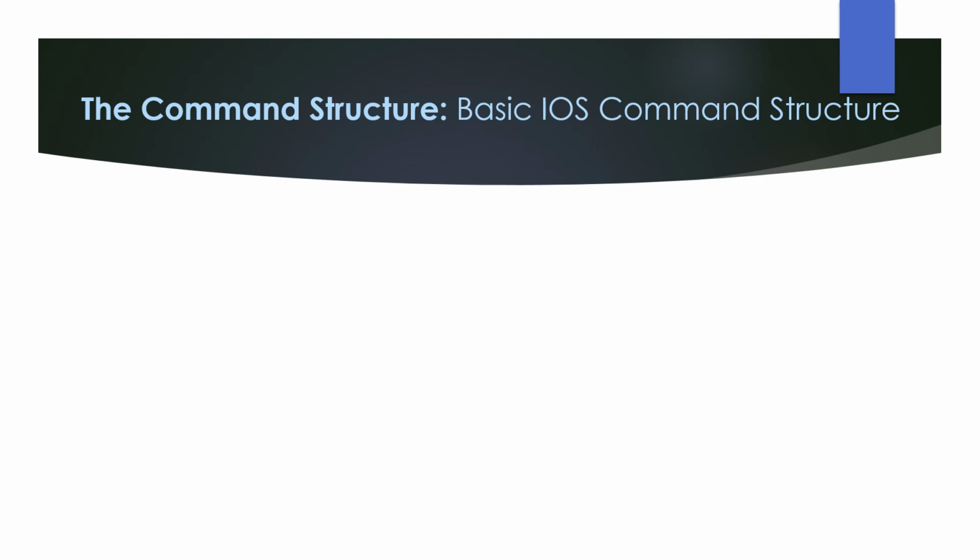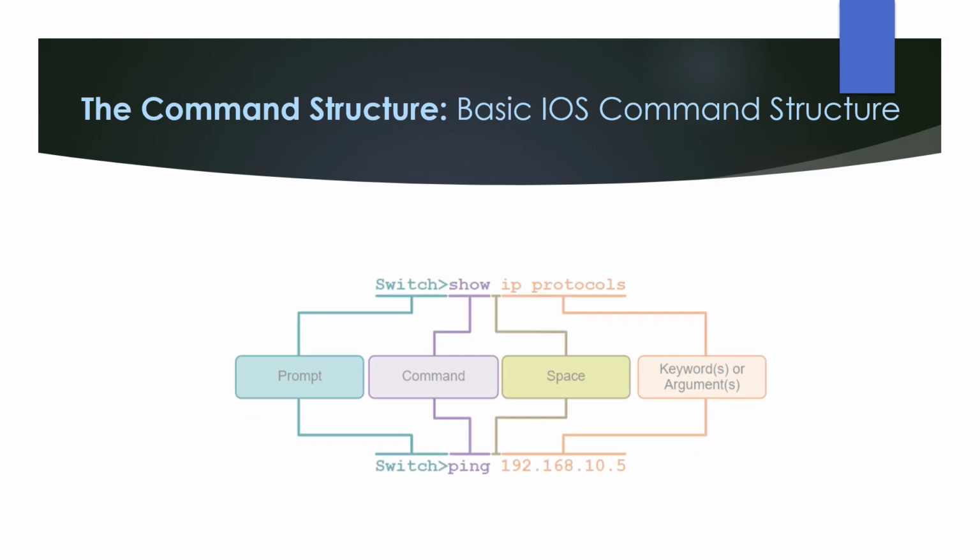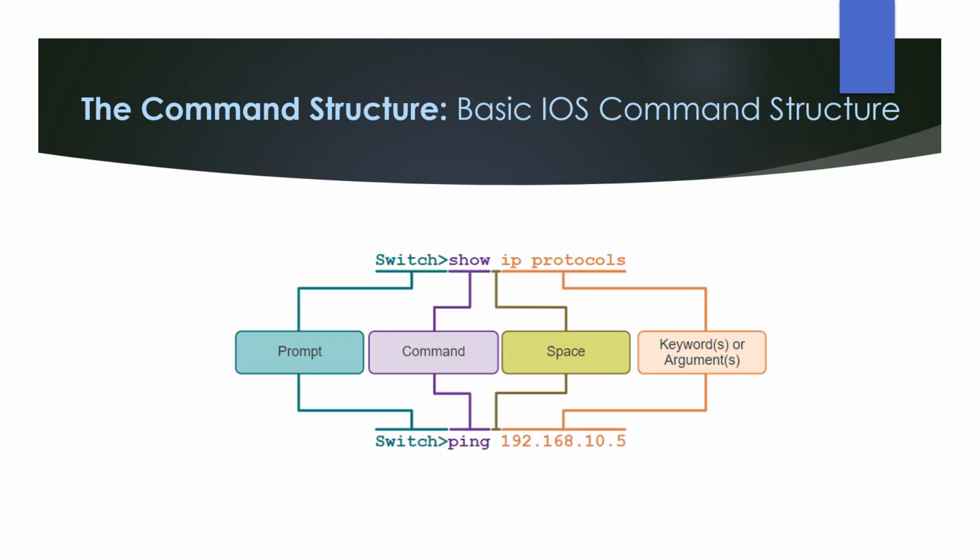The general syntax for a command is shown here in this figure, and is the command followed by appropriate keywords and arguments. As you can see, here is the prompt, and after the prompt, there would be the command, a space, and then a keyword or an argument.